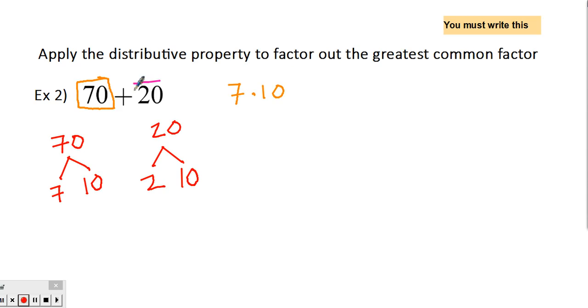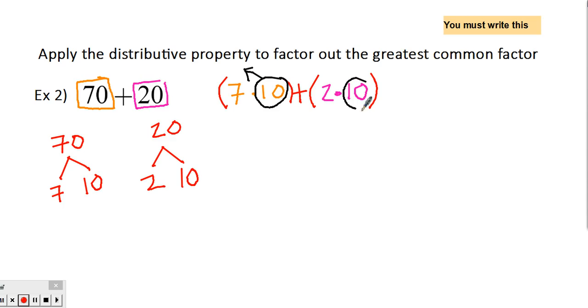And we could write 20 as 2 times 10. And again, we are adding this time as well. And we're going to put parentheses around each. So then, if we are factoring out the greatest common factor, they both have 10 in common. Let's take out 10.